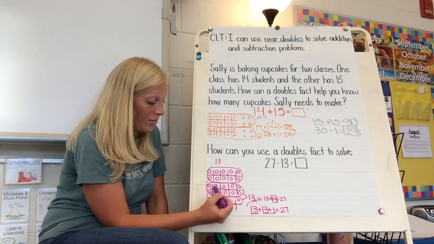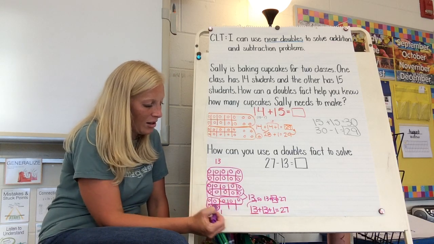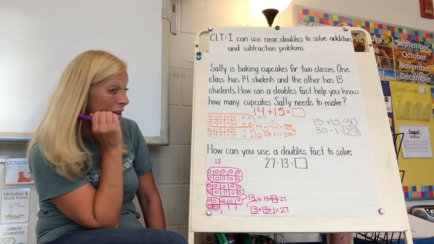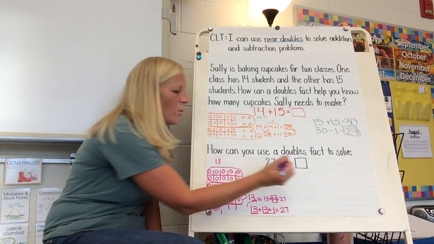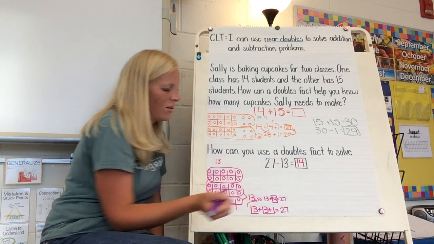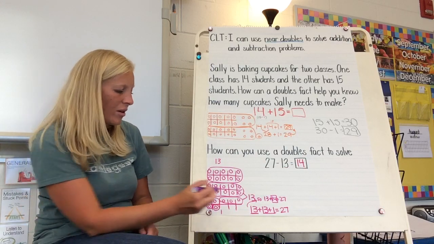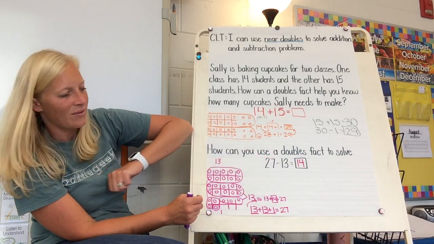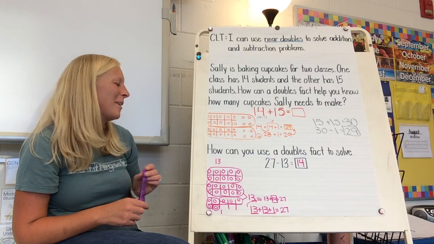This 13, this 13. And then there's that one Lone Ranger, right? And they made 27. So how do they find what went in here? There's the 13 that took away, and there's the 14 that was left. Absolutely. How'd they do? Pretty good, huh?